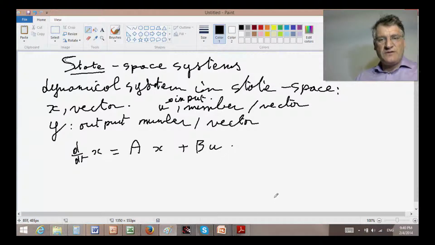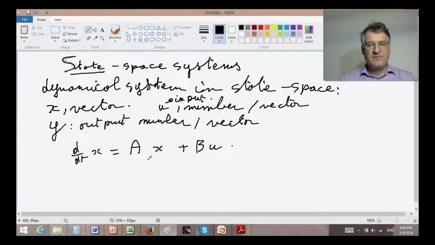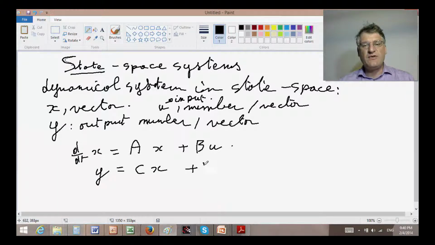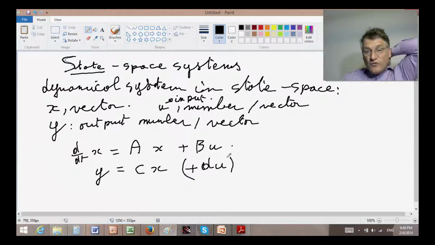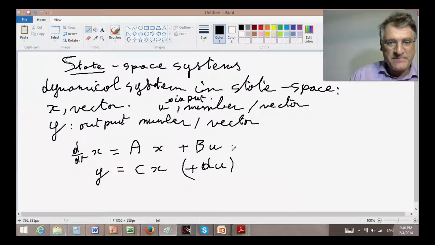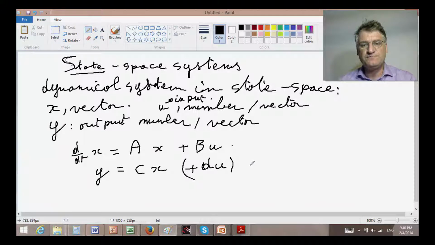Now, y, by the way, is equal to C times x, possibly plus D times u, but it will not be always the case. Now, in this case, since x is a vector, A is a square matrix.